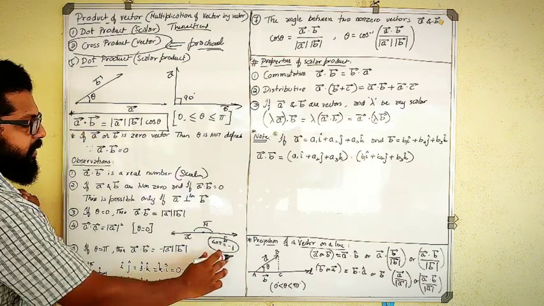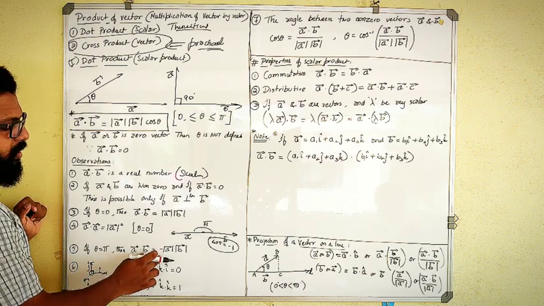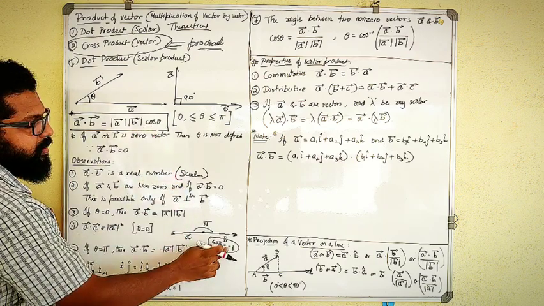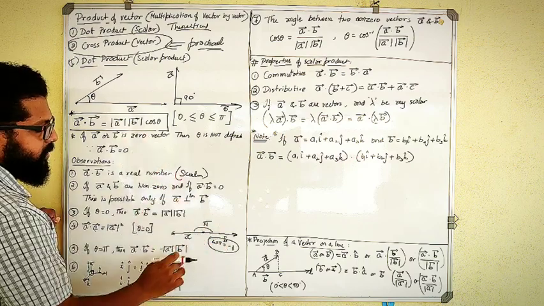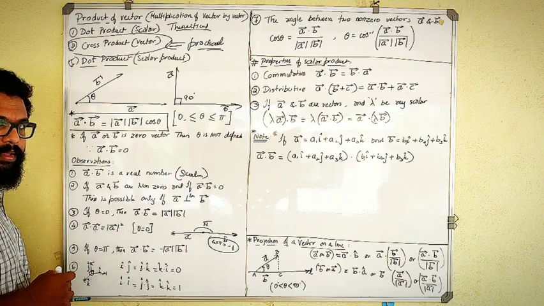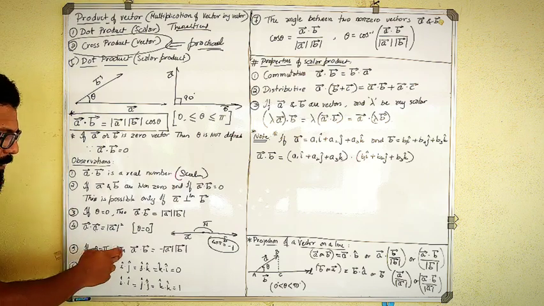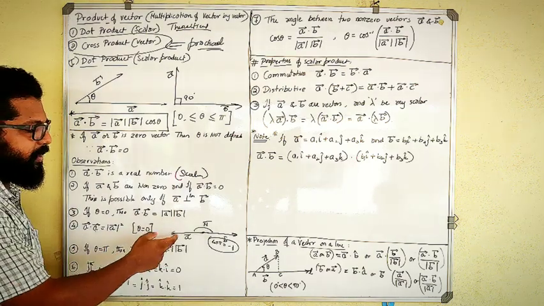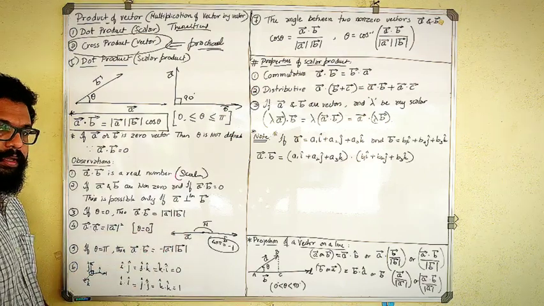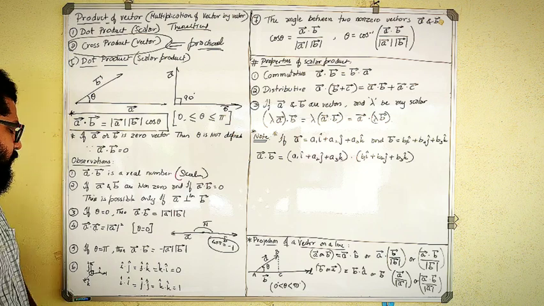Minus 1. Cos pi is minus 1. A dot B is equal to magnitude of A into magnitude of B into cos theta. When I substitute cos theta as minus 1, I simply get minus of magnitude of B into magnitude of A. Clear? So if theta is 180 or pi, then A dot B is going to be negative of the product of the magnitudes. Clear? So that was the fifth observation.